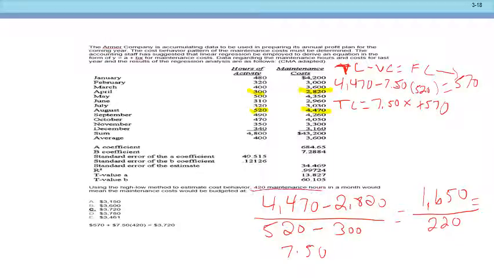And then in this problem, they were asking us, well, if you're using 420 as your estimated amount of hours that you're going to use, then we predict that your total cost using the high-low method should be 3,720, right? Which was the answer to this question. Okay. Can you come up with a predetermined manufacturing overhead rate?